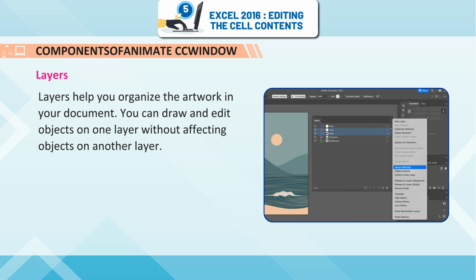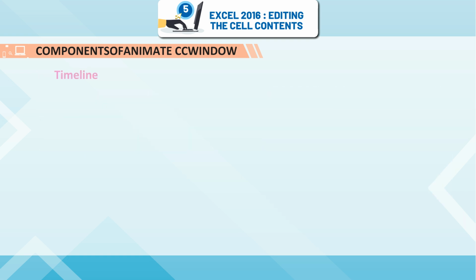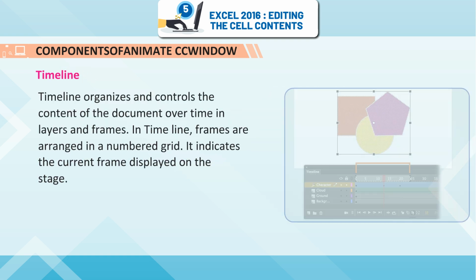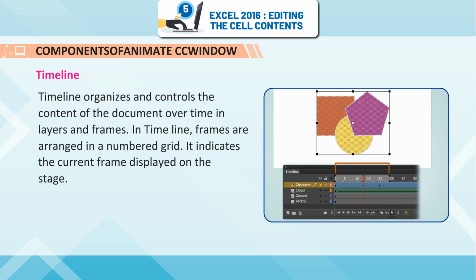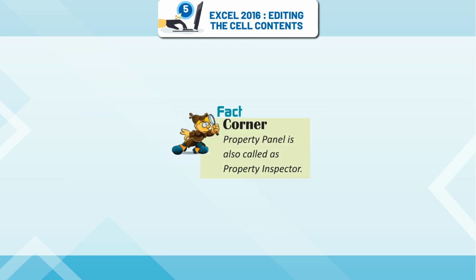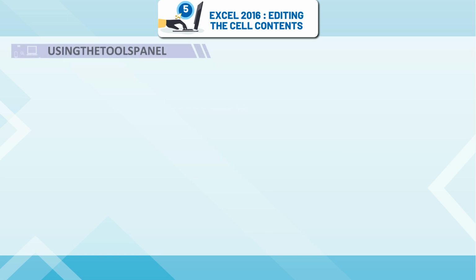You can draw and edit objects on one layer without affecting objects on another layer. Timeline. Timeline organizes and controls the content of the document over time in layers and frames. In Timeline, frames are arranged in a numbered grid. It indicates the current frame displayed on the stage. Fact Corner. Property panel is also called Property Inspector.